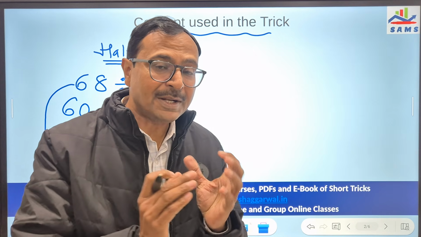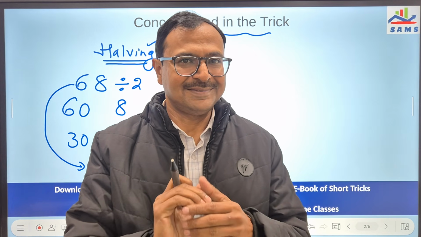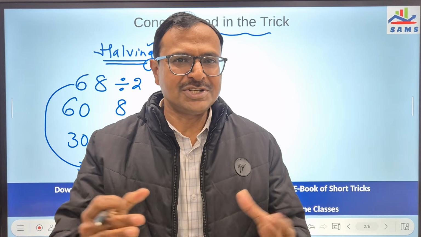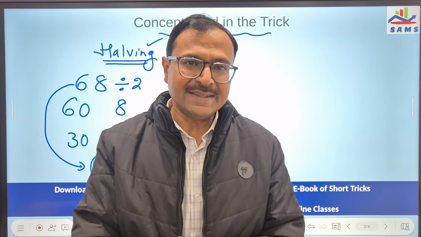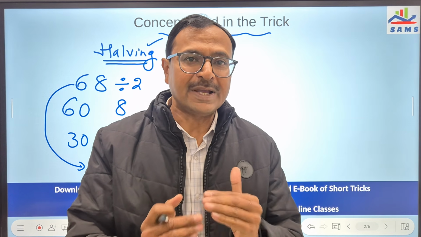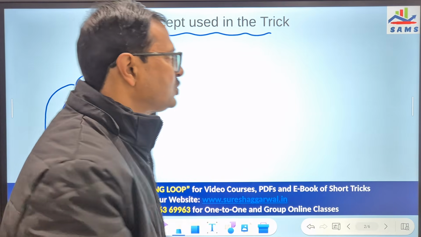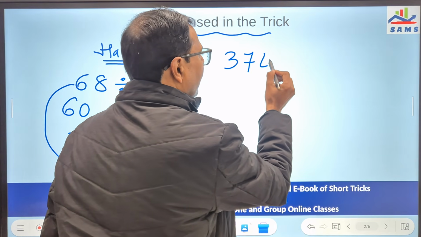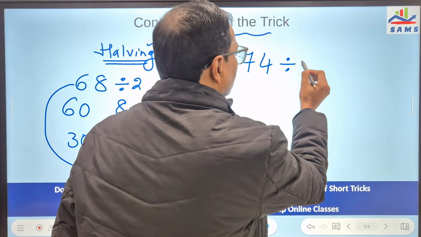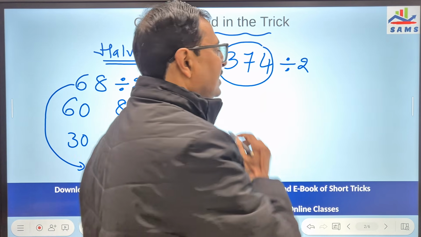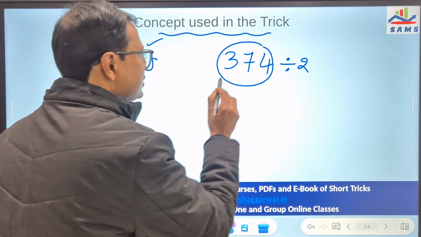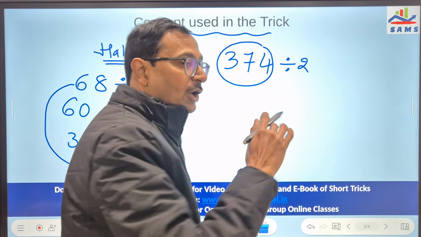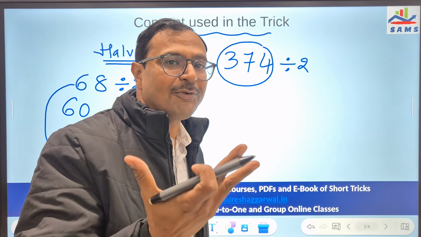But when the number increases, like suppose you have a 3-digit number or a 5-digit number, then the skill of halving also becomes a little challenging. Like suppose you have 374 and I need to divide that by 2. So how do you say this in the mind? See, it all depends on your skill of halving.